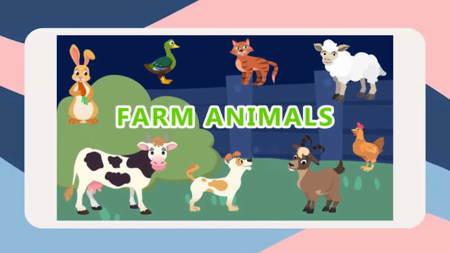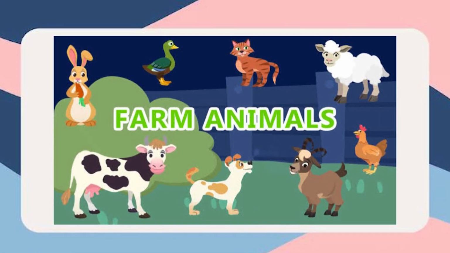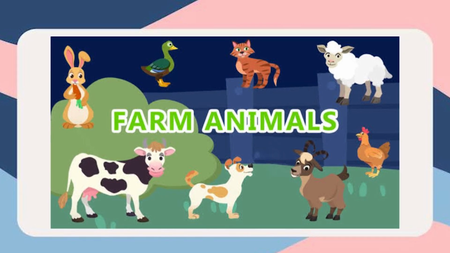Animals that we have seen just now live around our house, and these animals are called farm animals. Children, have you ever visited a farm? Here in this poem, a child visited his or her grandfather's farm and heard various noises coming from farm animals, and recited a poem.